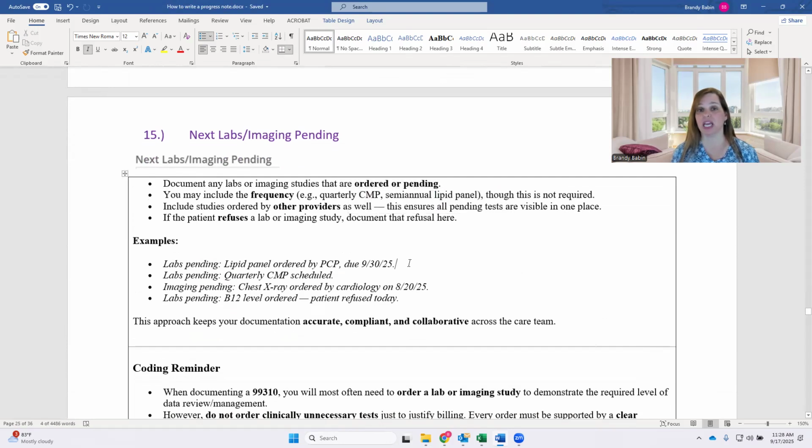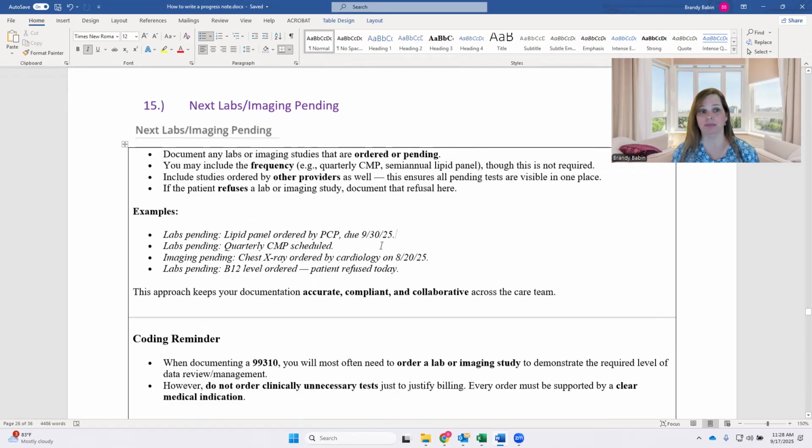If there are labs scheduled every quarter, like a Depakote or an ammonia level, don't do a Depakote without the ammonia. And they're every quarter, go ahead and put them in there. Anything that was ordered by other providers, if it's pending and they haven't gotten it done, that's a lab that's pending.